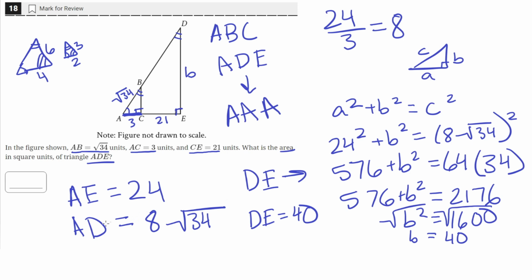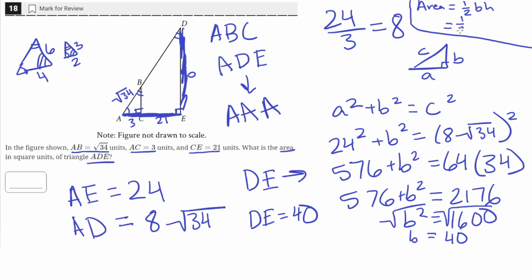Okay, so now in order to find the area of this triangle, we know all the sides, and we know the area of a triangle, here we'll do it up here. So the area of a triangle just equals 1/2 base times height, where the base is the length of the bottom side, and then the height is this side here.